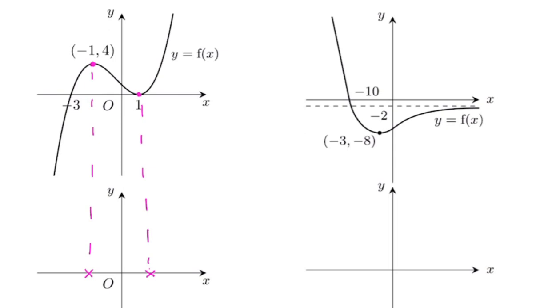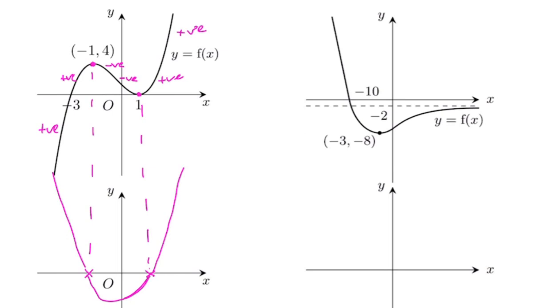You can see that this is negative, negative, so this will be underneath, like that. And this is positive, positive, and also positive, positive. So this will come up like this. And you should end up with something that looks a bit like a quadratic curve.